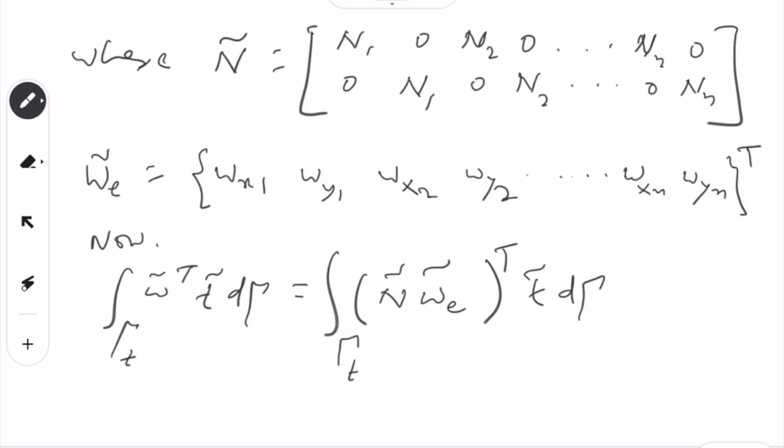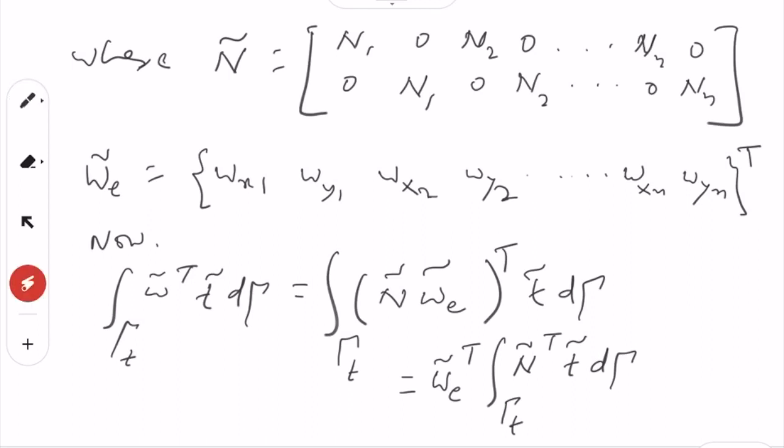So, this is equal to gamma t W e tilde transpose gamma t N tilde transpose t transpose d gamma, W e transpose, then integration N e transpose t tilde d gamma.